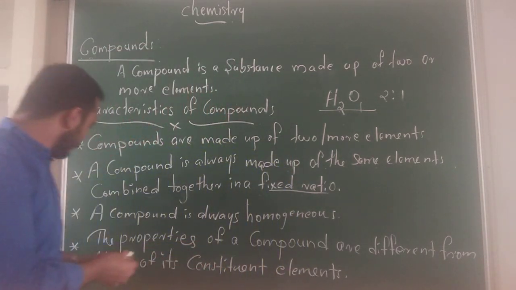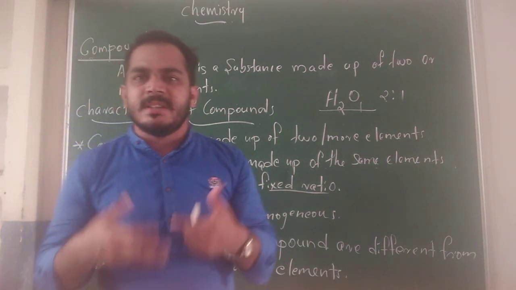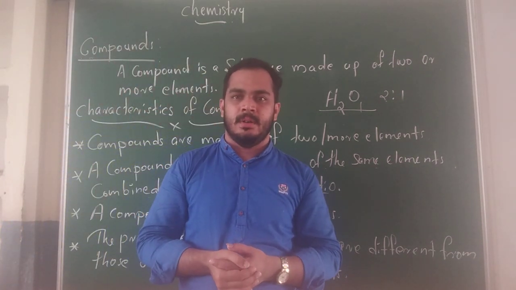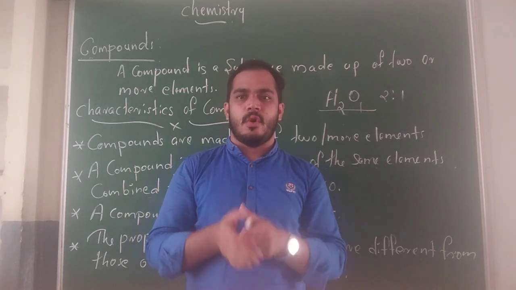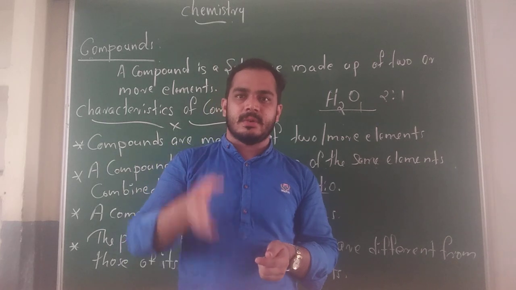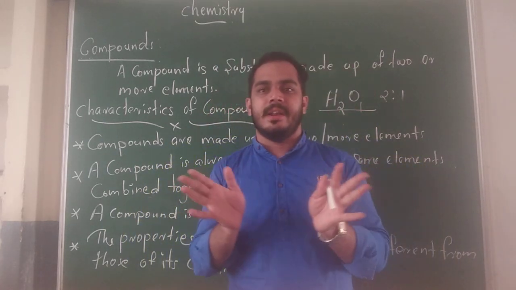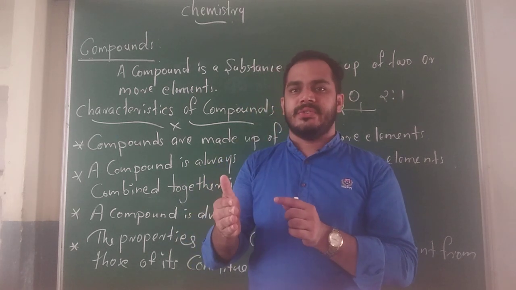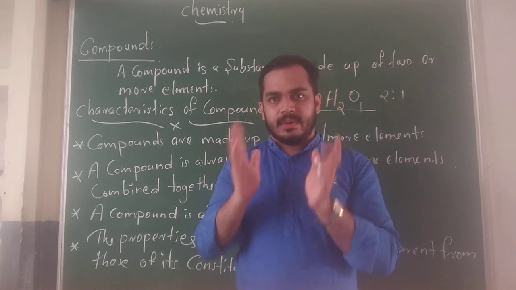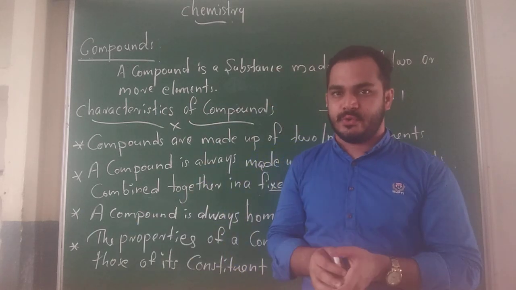Next one. A compound is always homogeneous. What is meant by homogeneous? In a homogeneous compound, the constituents of the compound are always the same. We can't identify the taste or the properties of the different constituents.